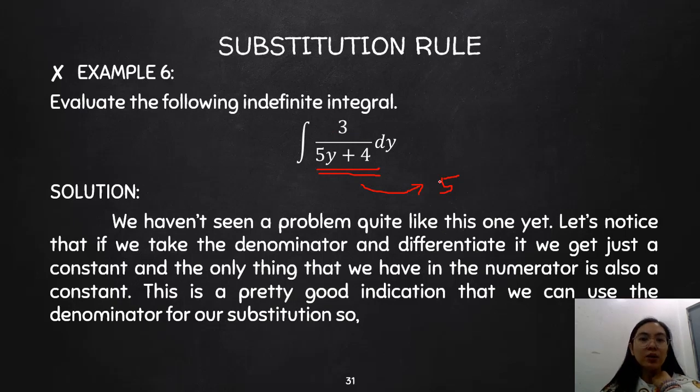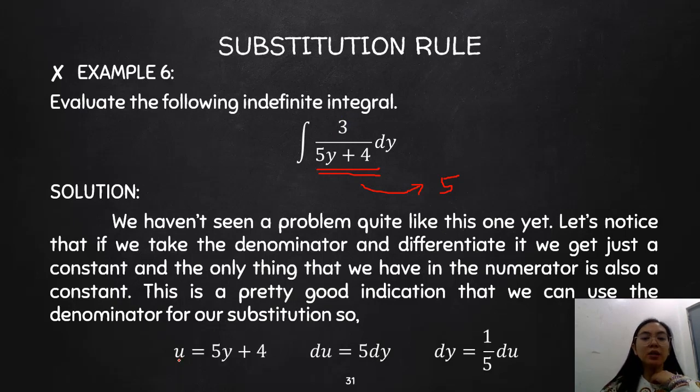Even if they are different constants, with constants in integration it is not a problem because you can always factor them out. So when we let the denominator be equal to u, its differential is always a constant, which is in the numerator.